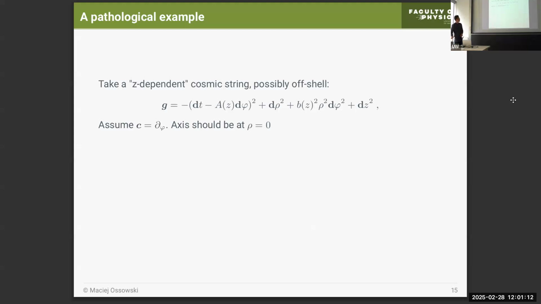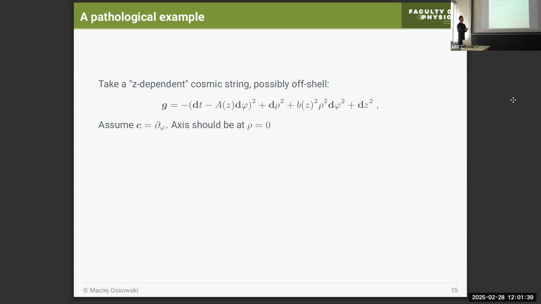So consider a cosmic string. However, it is now z-dependent, meaning that A and B are functions of z. I don't assume any field equations, because the conicity and the axis should just be a matter of geometry.